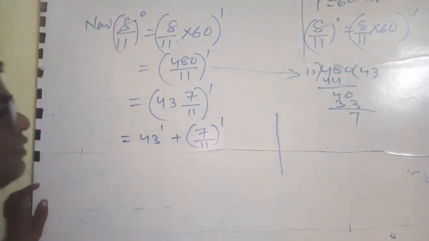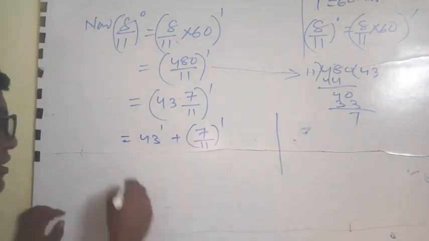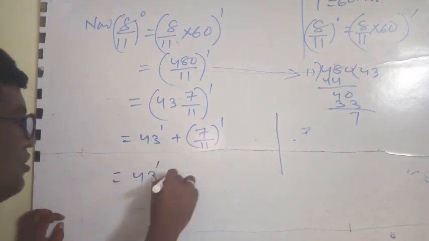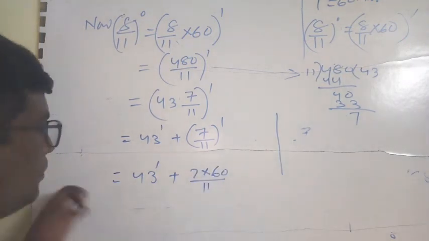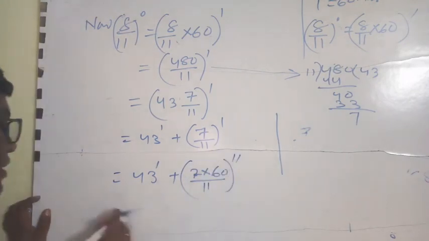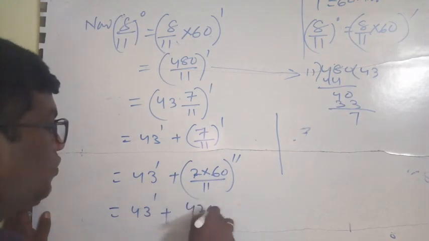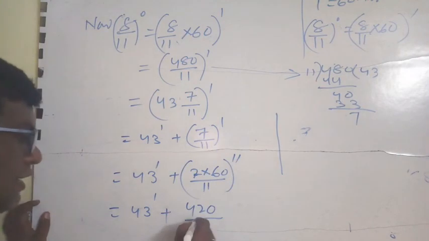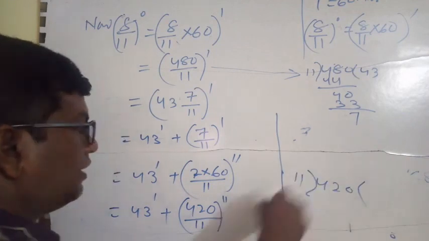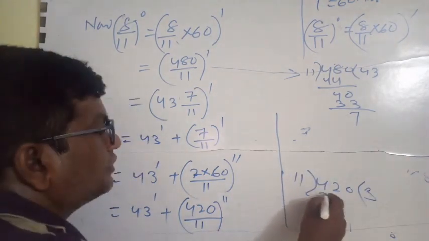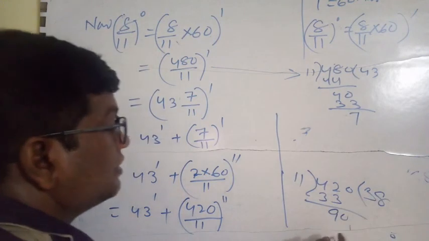Again, 7 by 11 minute converted into second, that is 7 into 60 by 11 second, that is equal to 43 minutes plus 420 divided by 11 second. 11 3 is 33, 11 8 is 88.